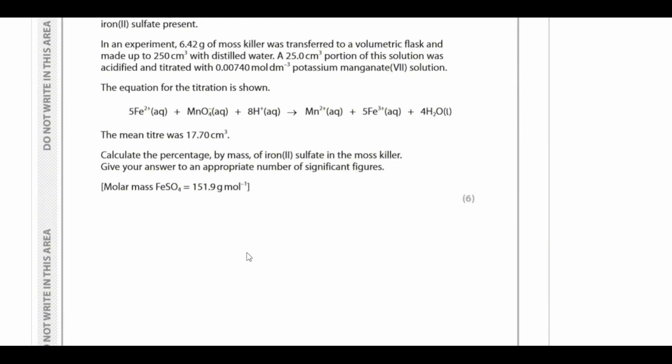At first, let's calculate the moles of MnO4-, because we are provided with the concentration, and I believe we're also provided with the titer, so how much basically reacted we know. So let's calculate the moles of MnO4- in the titer, because that's the thing that comes from the potassium manganate(VII) solution.